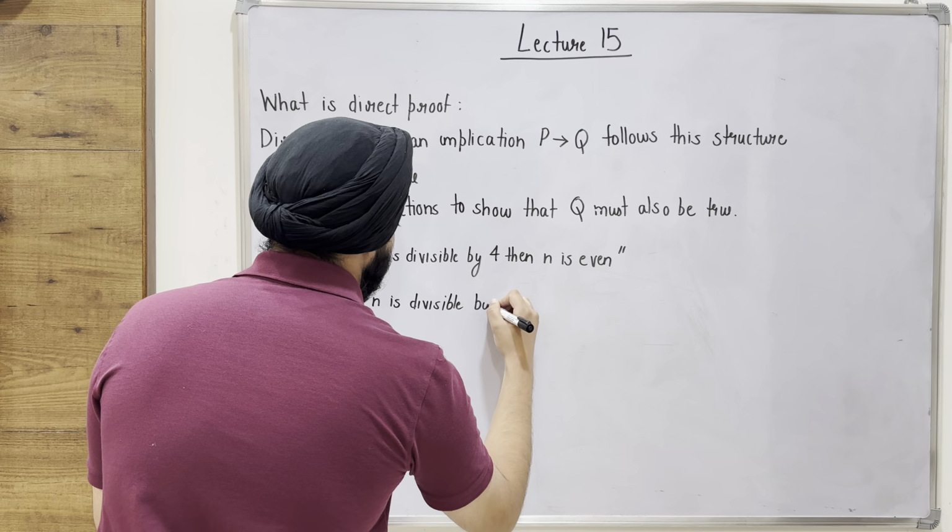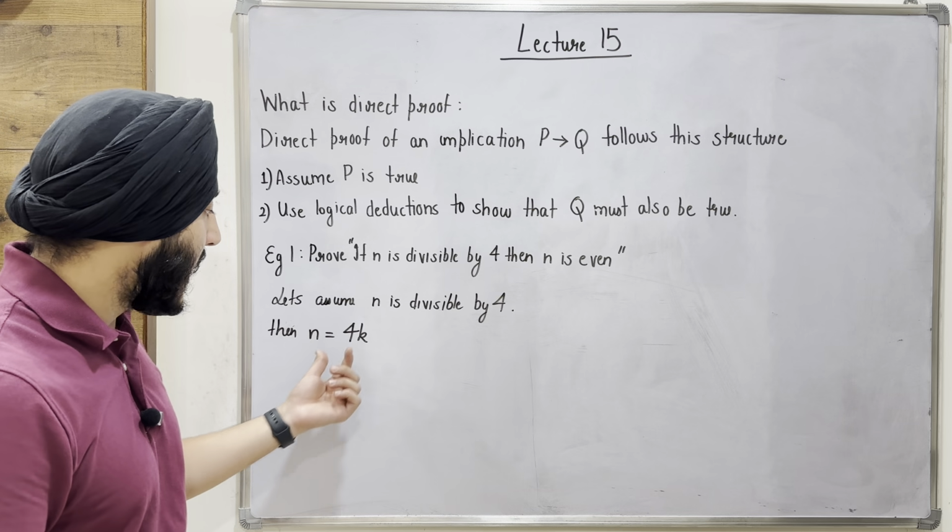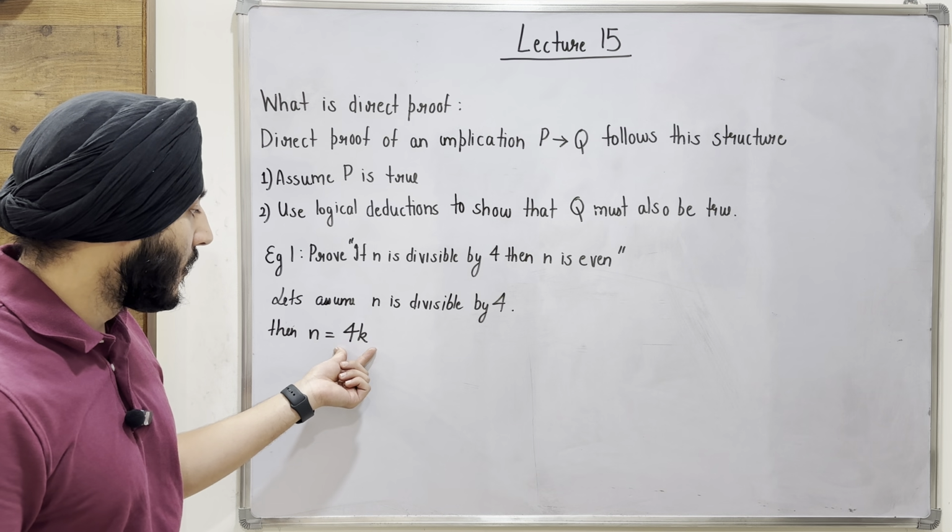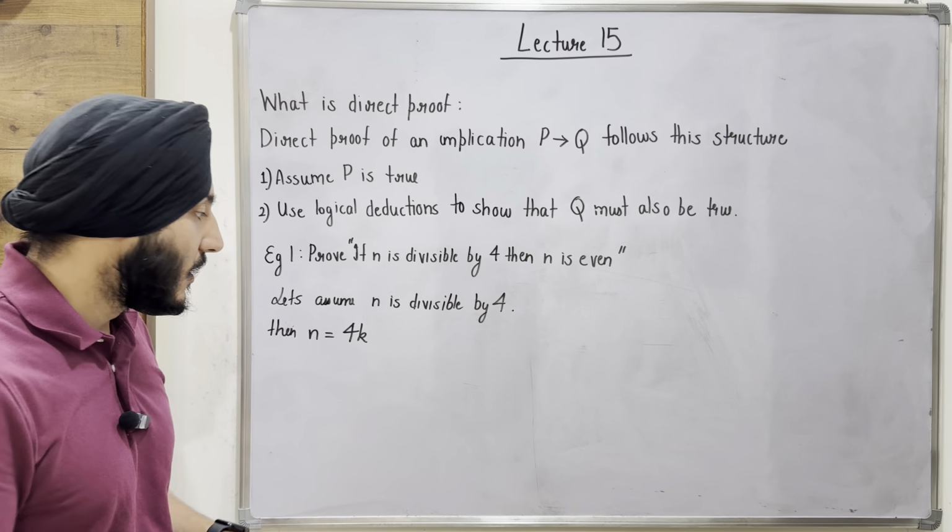Now, what can I figure out from this sentence? What findings can I make? One thing I find is that if n is divisible by 4, then I can write n is equal to some value 4 multiplied by k. Let's try to understand it. If n is divisible by 4, then it has to be some multiple of 4.